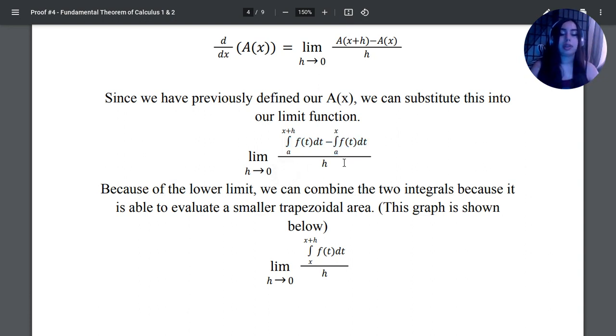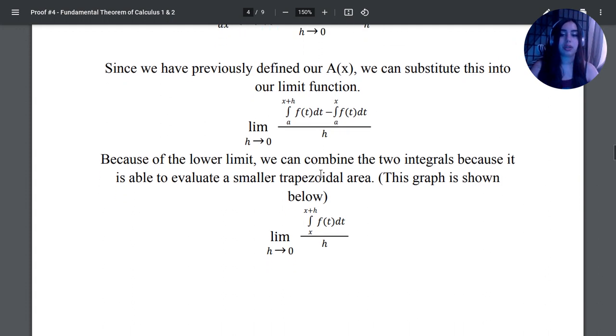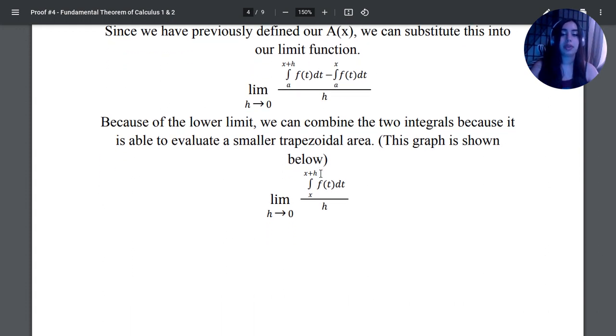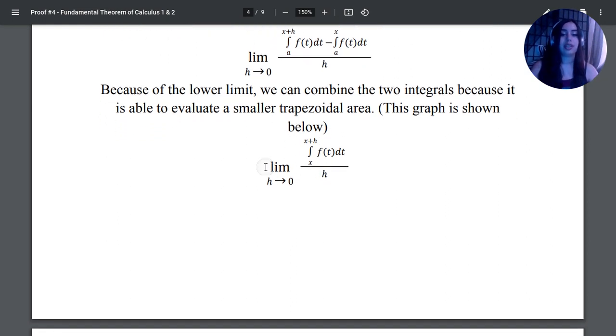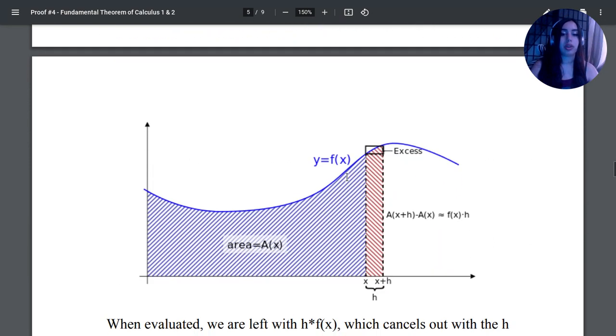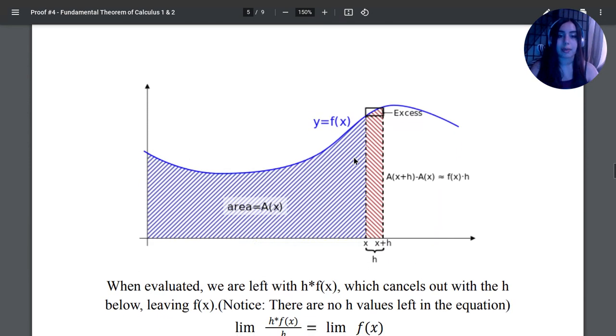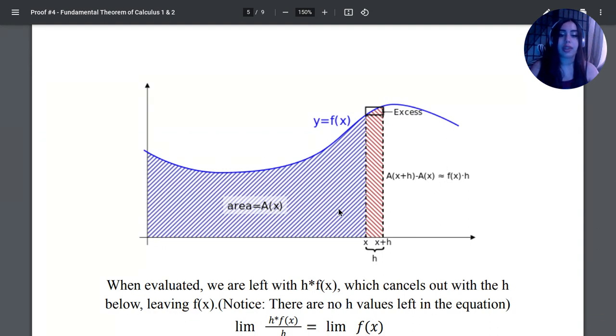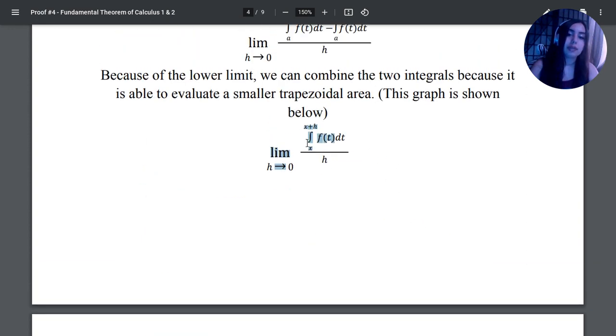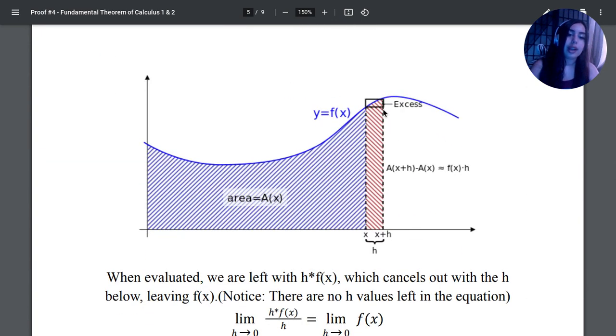And because of our lower limit, we can combine the two integrals because we need to be able to evaluate a smaller trapezoidal area, which is the graph shown below that I showed earlier, and we can combine them right here. Let's just go a little bit more in depth into what that means. So we have the area under the curve, but because we're evaluating this more specifically, we're looking at this trapezoidal area right here.